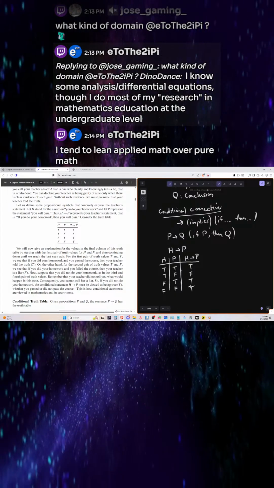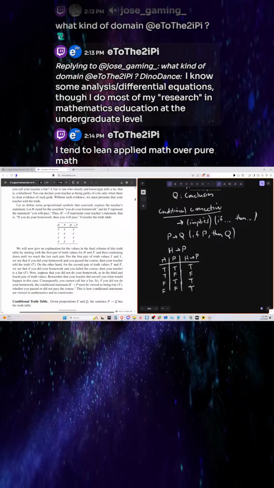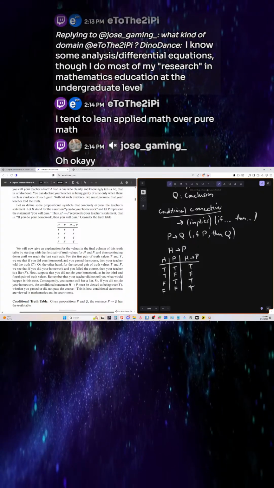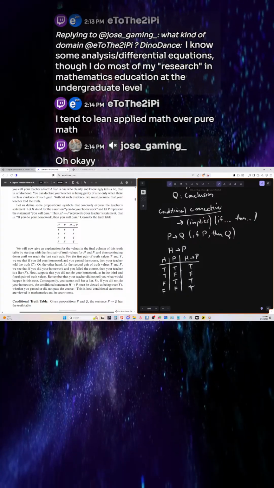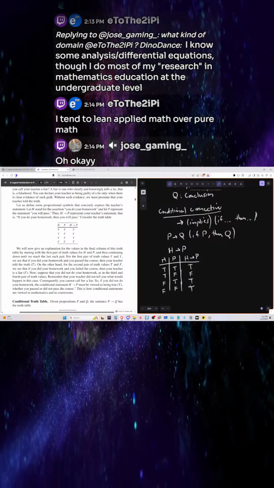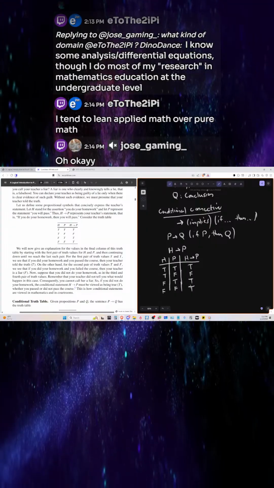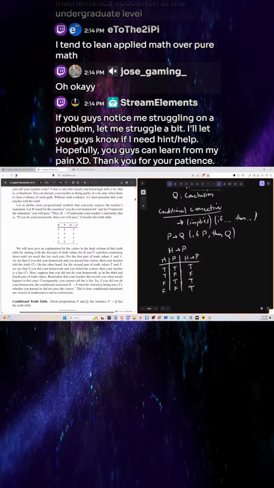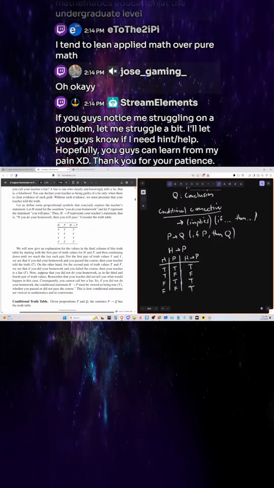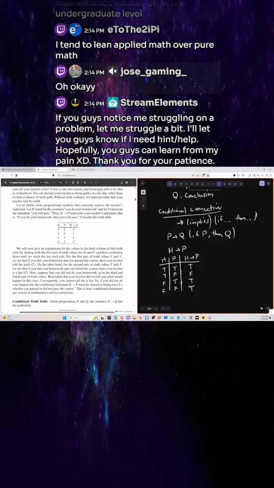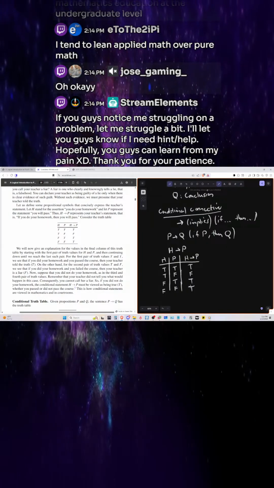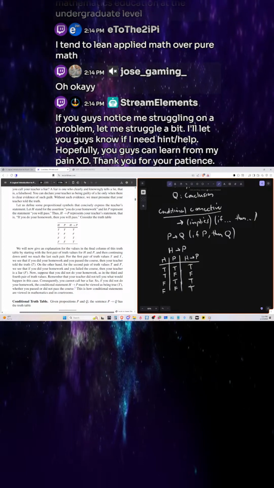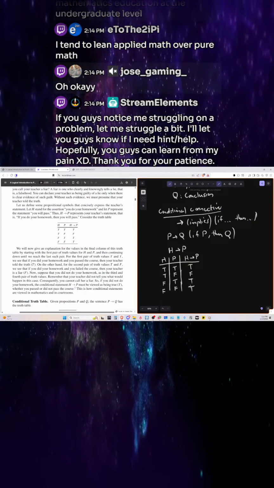I know some analysis and differential equations, though I do most of my research in mathematics education at the undergrad level. Oh, nice. I did not know that was your research. Actually, if I was a math major, I probably would have done the same thing, because I think mathematical education needs something that has to be researched and worked on more, especially when it comes to proof writing and stuff. I tend to lean applied math over. Yeah, I'm the same, actually.